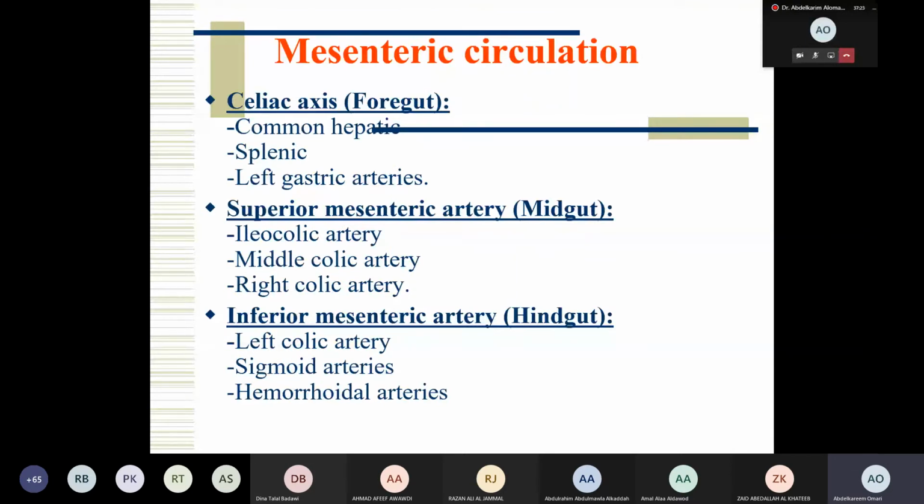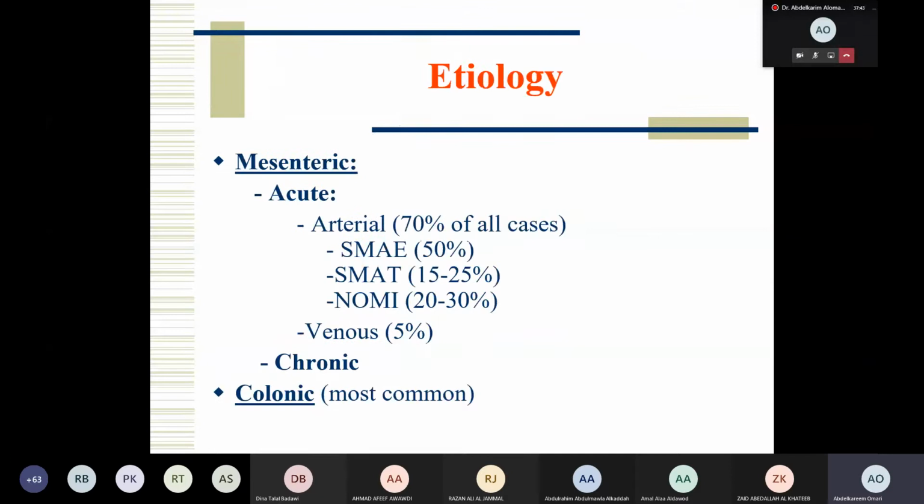As we said, due to the acute angle, the lumen of the vessel narrows little by little until a time comes when the slightest clotting can block it. This is what we call thrombosis. So now let's see the etiology of acute mesenteric ischemia in the arterial type.